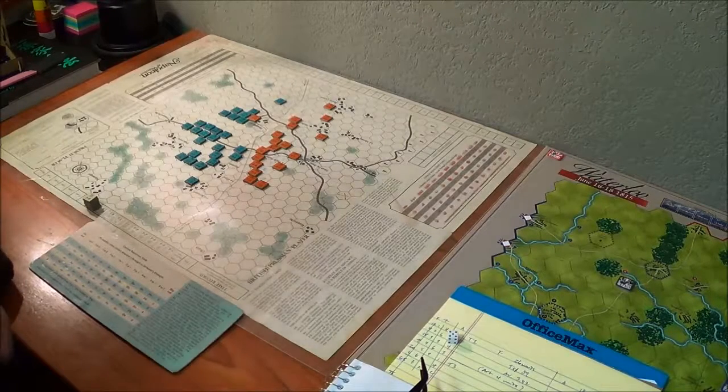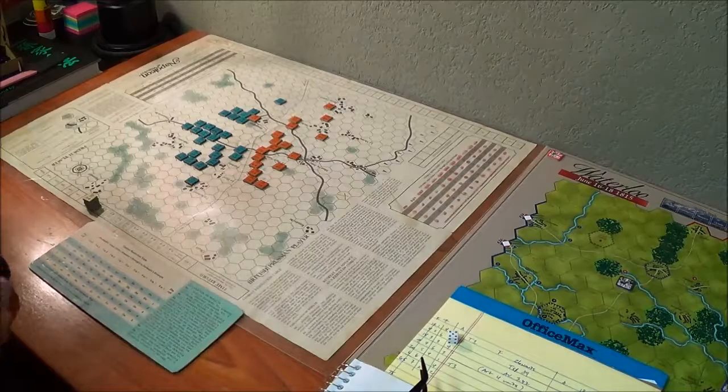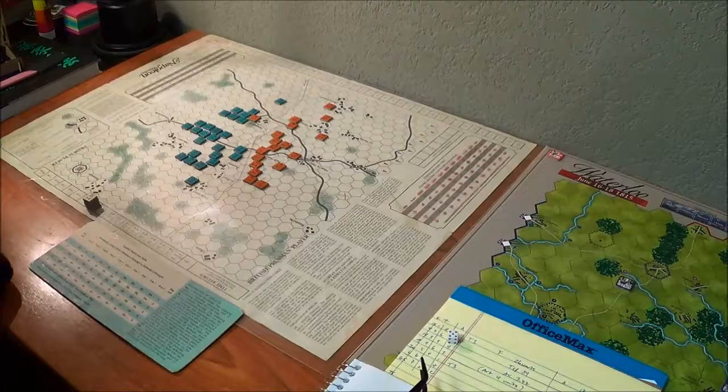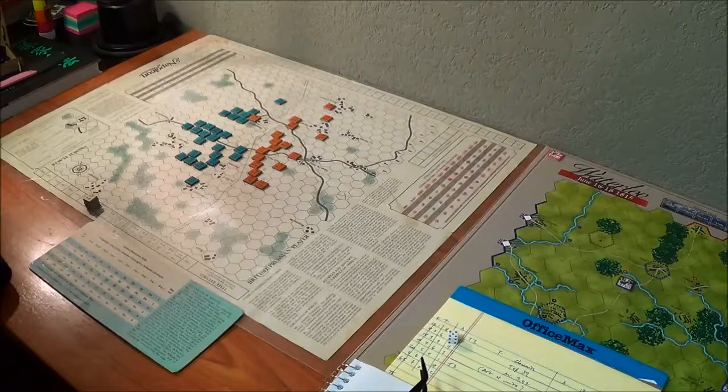They have to exit at least 7 of their units off of the map through those exit hexes by the end of the 10th and final turn. Otherwise it's a draw. And woods hexes are prohibited from entry, and that's about it. So let's get started.